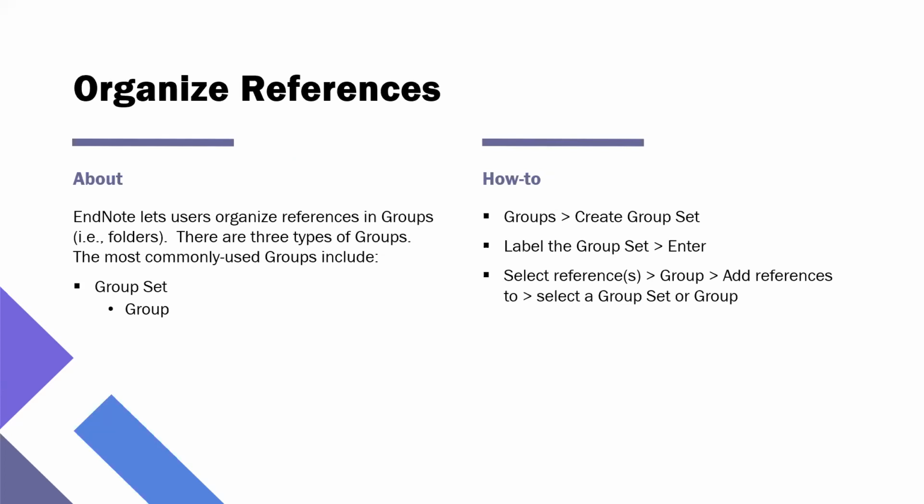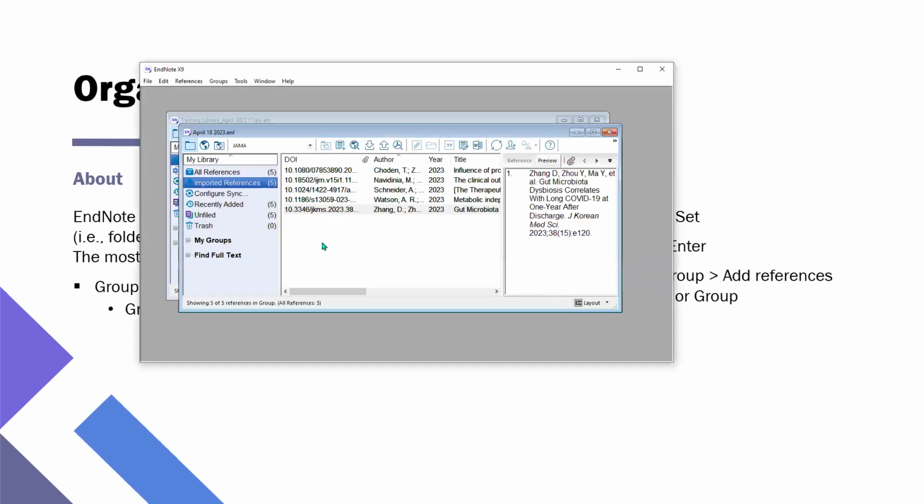So EndNote uses a hierarchy for groups. Group sets sit at the top of the hierarchy, and a group nests under that. And I'll show you what that looks like, so it'll make a little more sense.